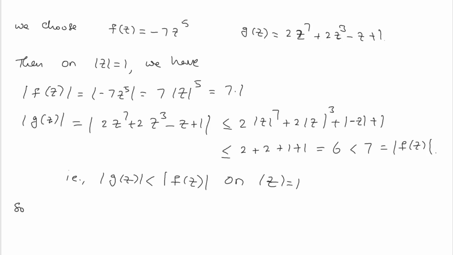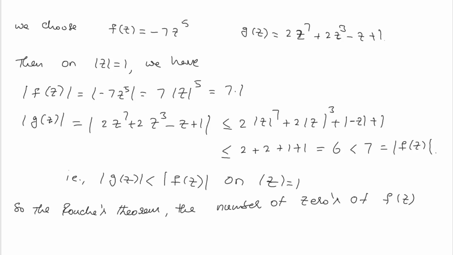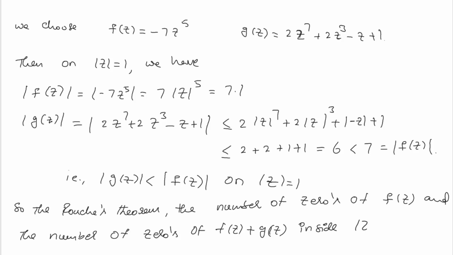So by Rouche's theorem, the number of zeros of f of z and the number of zeros of f of z plus g of z inside mod z equal to 1 is the same.